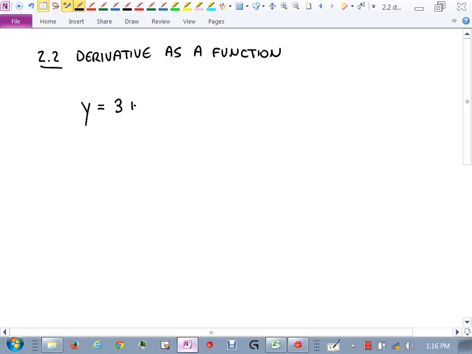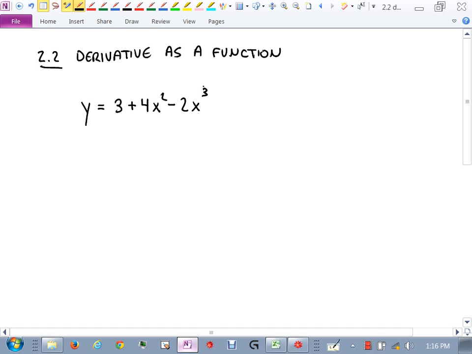So for 2.2 today, we're looking at the derivative as a function. Now, like in the previous example, what I was asked about just now, we said that y was equal to 3 plus 4x squared minus 2x cubed, right?